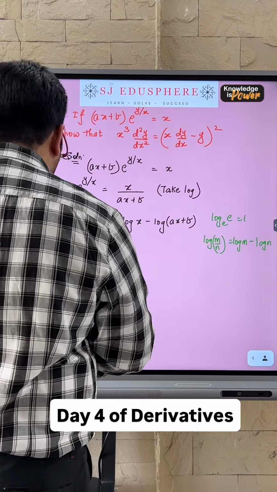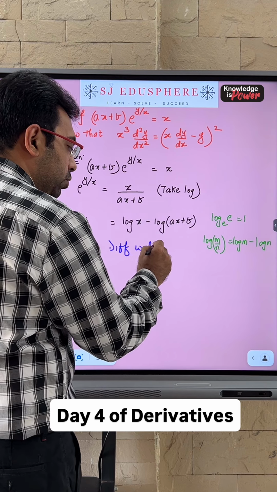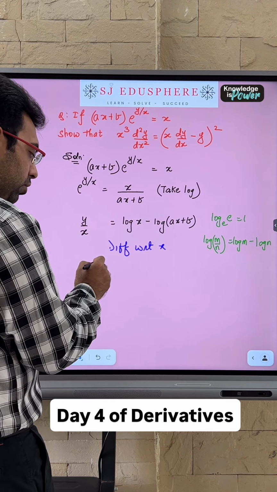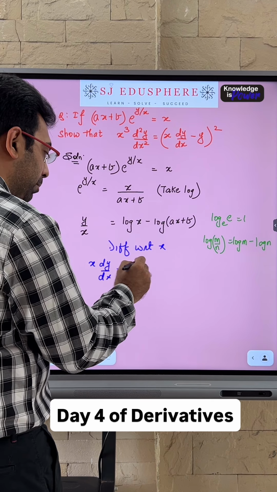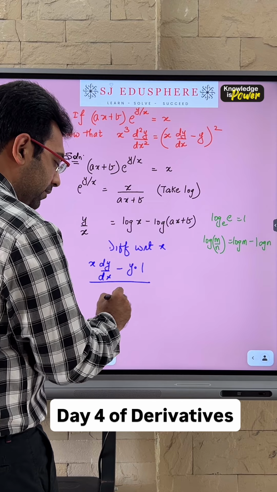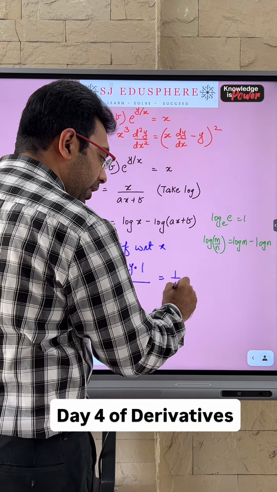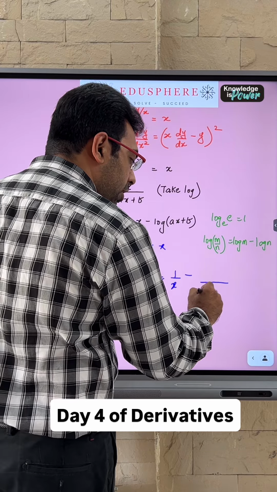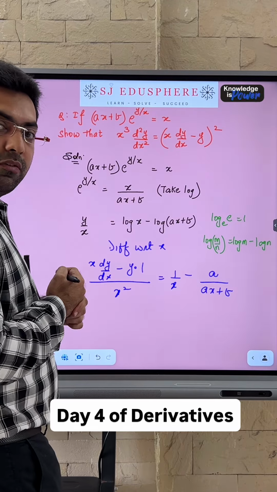I go ahead now to take my derivative. If I differentiate with respect to x, the derivative of u upon v is v derivative of u minus u derivative of v upon v square, and the derivative of x over here is 1 upon x square. My right hand side, the derivative of log x minus log of a function, is 1 upon the function into the derivative of the function.